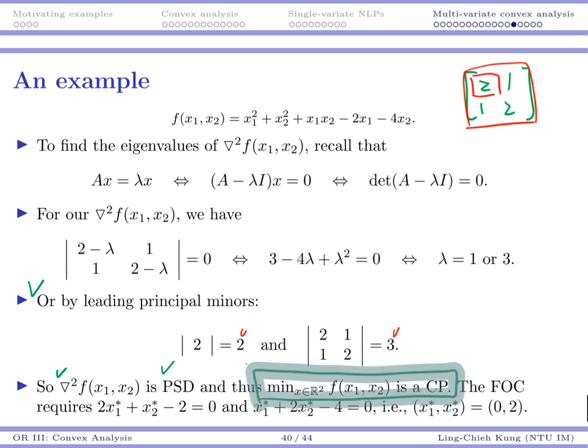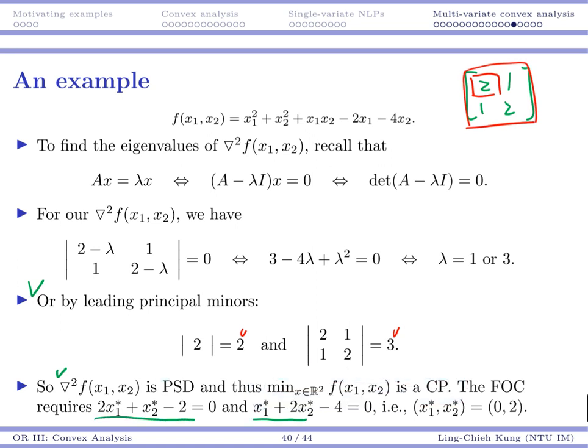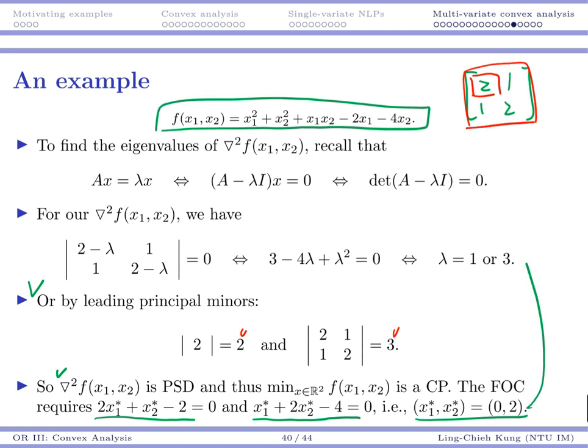Our first order condition says that you need to have your gradient being 0. After you solve this 2 by 2 system, you're going to see that our optimal solution is (0, 2). So this is how the analysis helps us find and prove an optimal solution. For this particular function, now we have a systematic way to find its optimal solution.